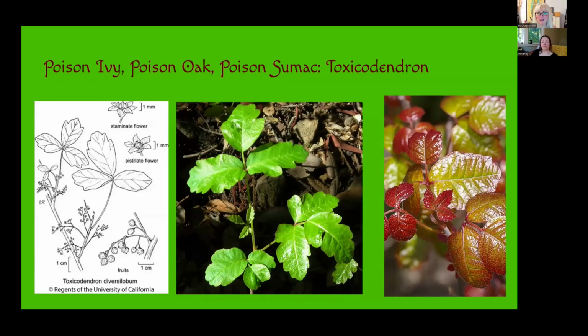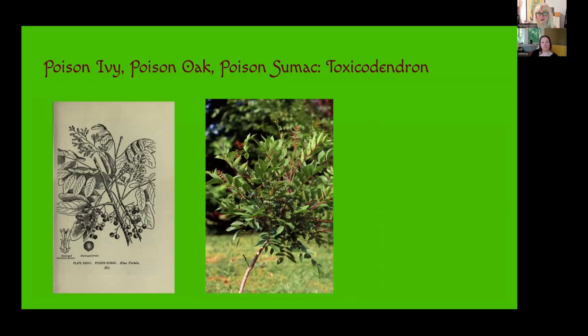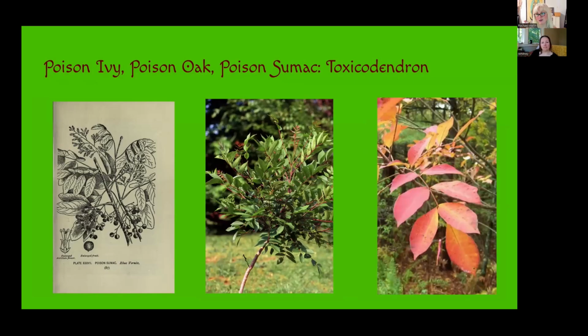And so they're a little bit similar. I feel like poison oak and poison ivy have some resemblance, but then the poison sumac does not at all. It's super different. I would never know that's poison sumac. It's not leaves of three. It almost looks like eucalyptus a little, especially that center one.